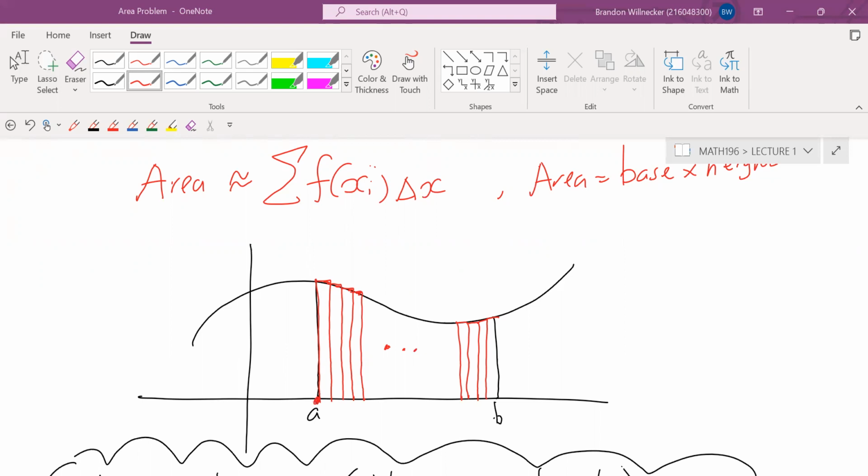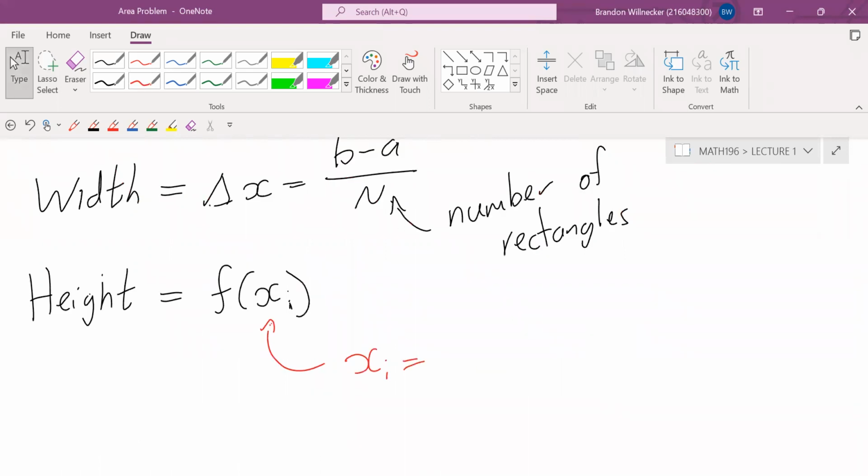So the x position of the rth rectangle is going to be our starting position, plus however many hops we're going to take, times delta x. If i is equal to 0, we start at A. If i is equal to 1, we have A plus delta x, which is the next rectangle, and so on.